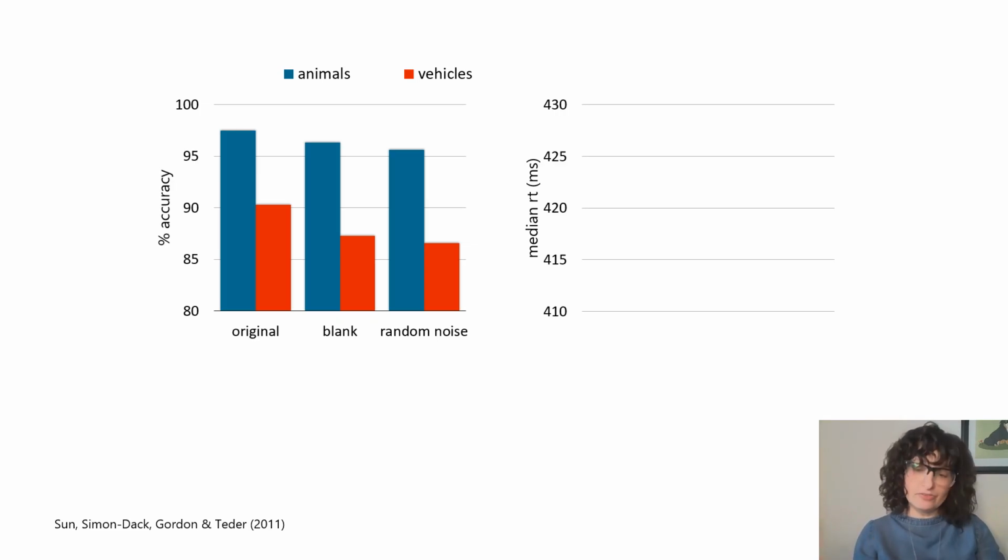But then after that, I see the same pattern of accuracy for both animals and vehicles, which is essentially the idea that accuracy decreases as the amount of background information is decreased. So people score better when they have that full context information compared to when they have blank versus random noise in the background.